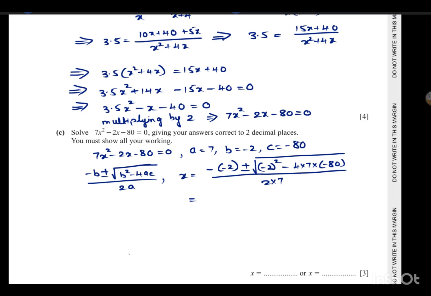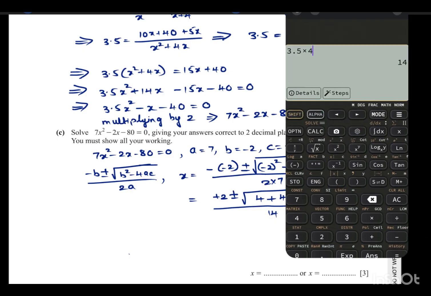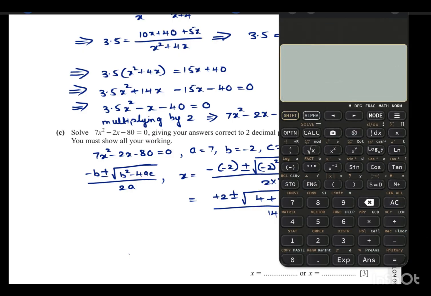Minus of minus becomes plus 2 here, plus or minus, minus 2 whole square becomes plus 4, and minus into minus is plus here, 4 into 7 into 80 by 2 into 7, 2 into 7 is 14 in the denominator. Do this in the calculator.